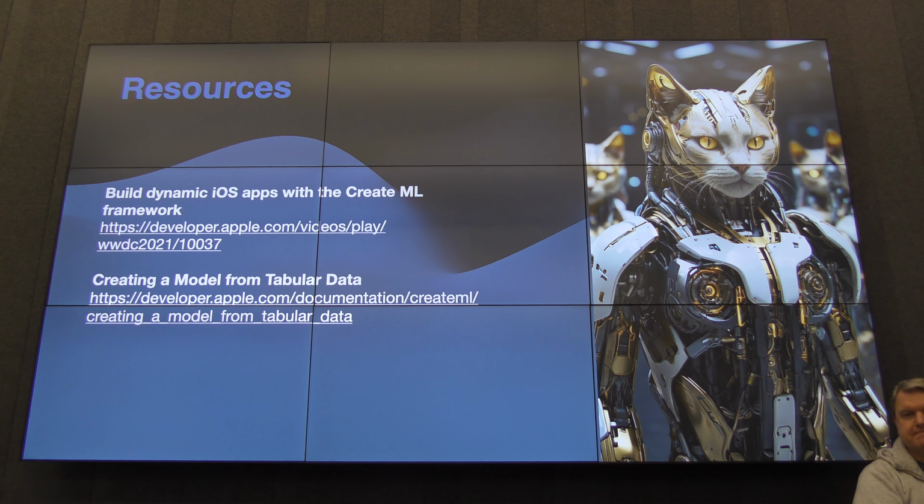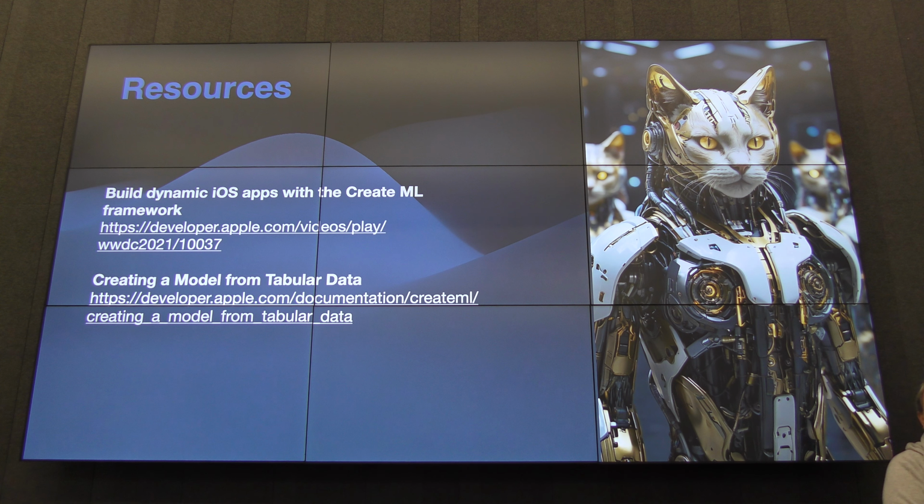Yes? I'm thinking if you're trying to train off user behavior, is there a way to aggregate models from multiple users and combine that to make the learnings better for everyone, or is it just for an individual user per app?